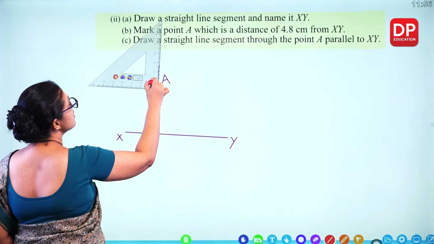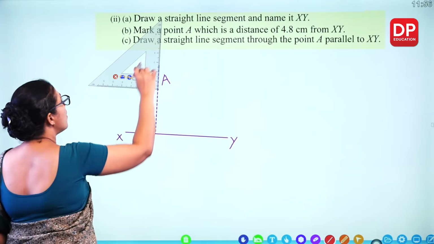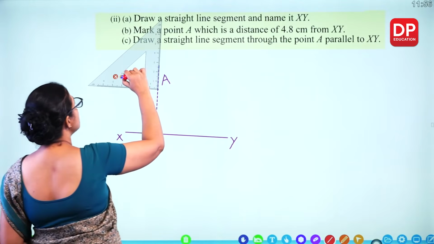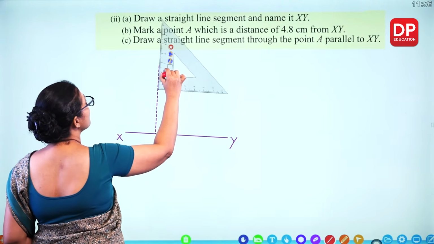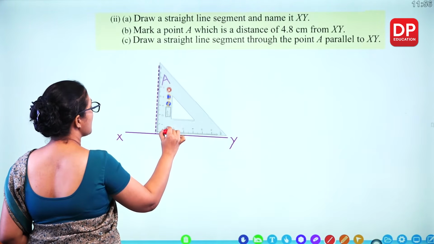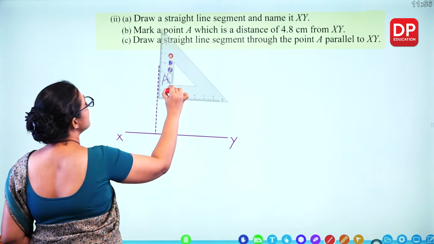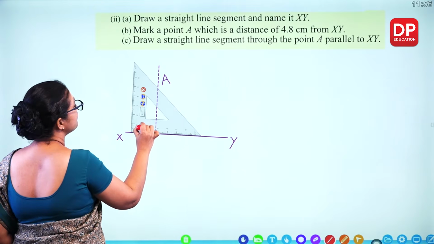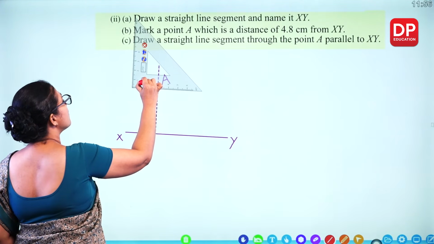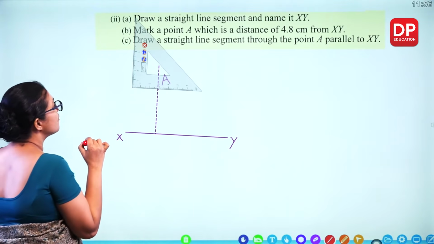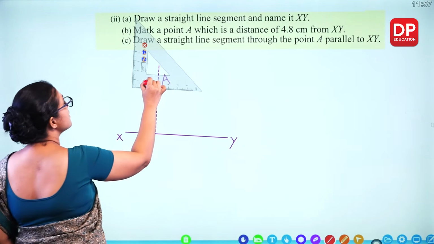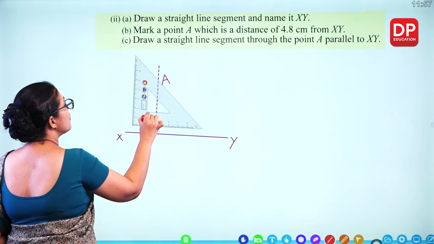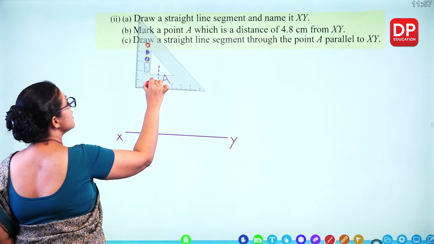So I can draw a line, or I can do it this way. Because I can't draw a full line, I can rotate this here, and I can put it here. I'll keep it like this and draw the line. So take the set square with the same angle. When you take it, you get the same 90 degrees.